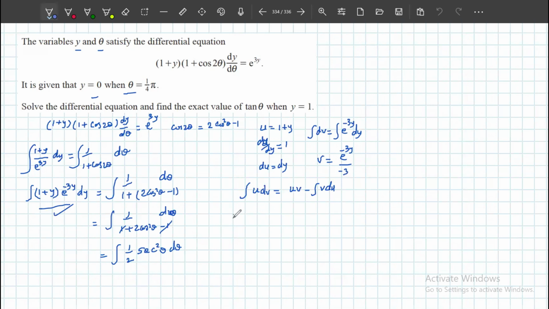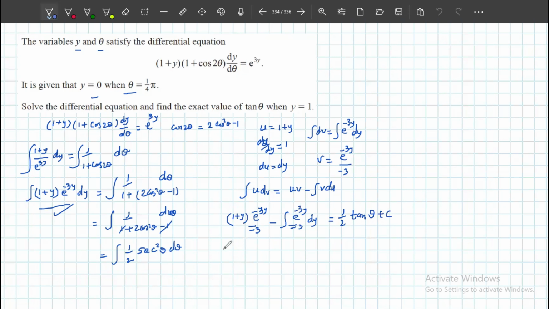So it is 1 plus y, and we have v, which is e power minus 3y over minus 3, minus the integration of v, which is e power minus 3y over minus 3, dy, because du equals dy. And on the right hand side, as I said before, the integration of secant square theta is tan theta plus the constant of integration. So we will simplify a little bit further, then we will check at these points.